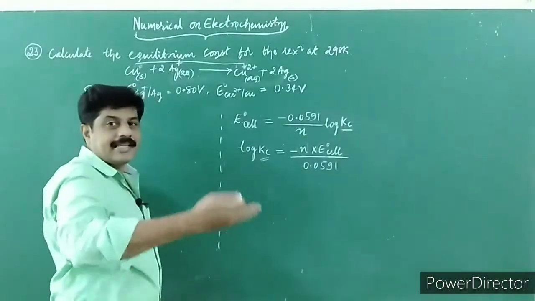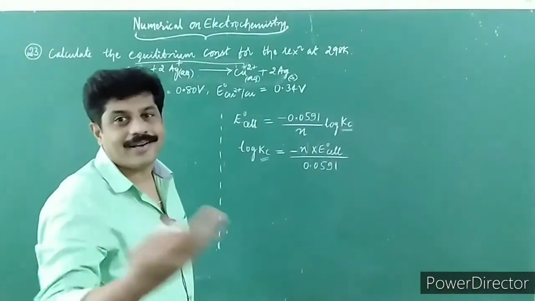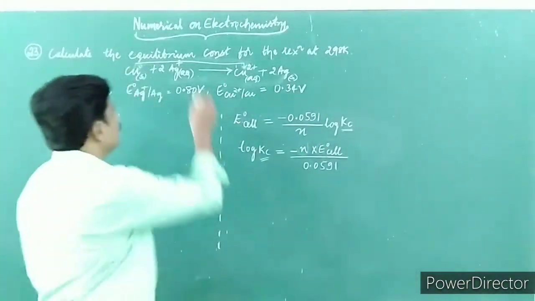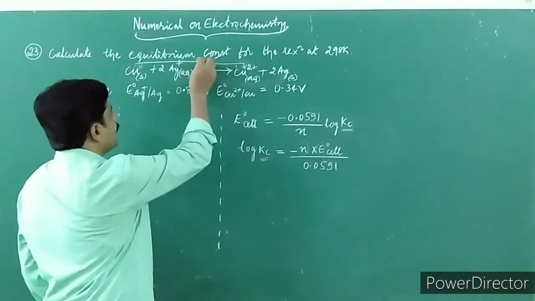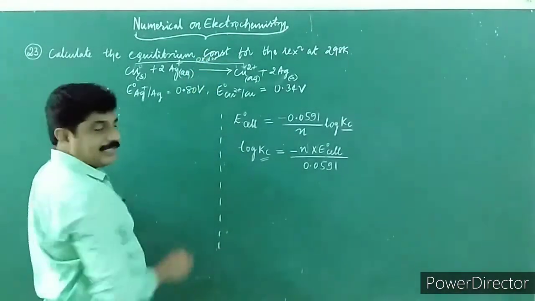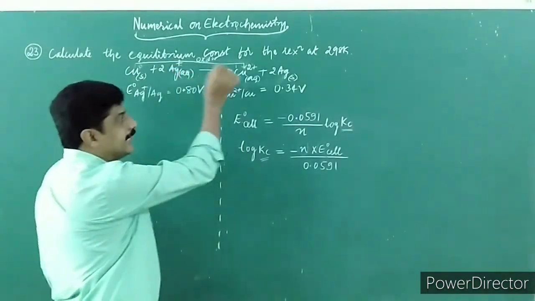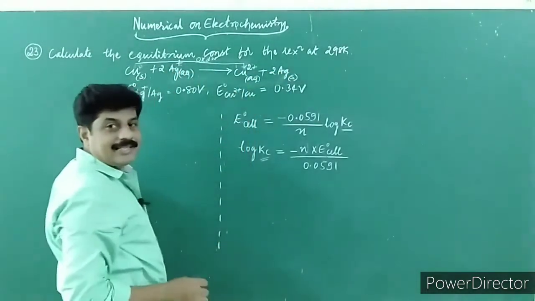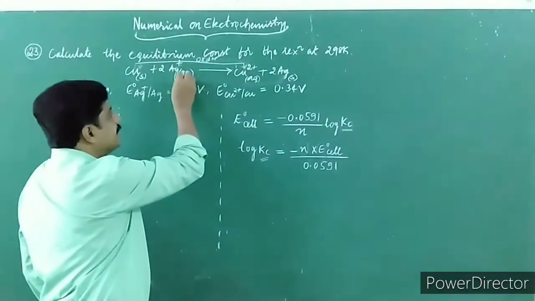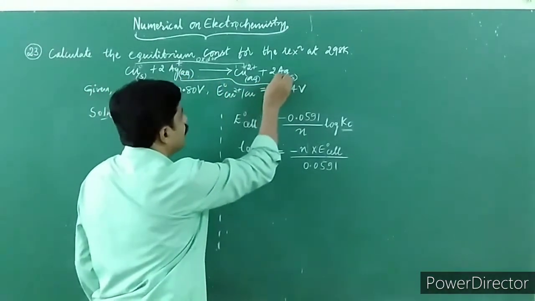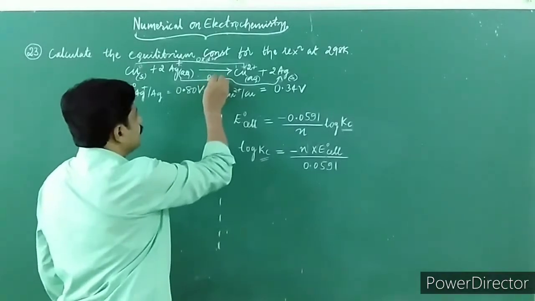That means an increase in oxidation number, which refers to what? Oxidation. So copper is undergoing oxidation, whereas the +1 oxidation state of silver is getting converted to 0 in metallic silver. That means there is a decrease in oxidation number, which is nothing but reduction.